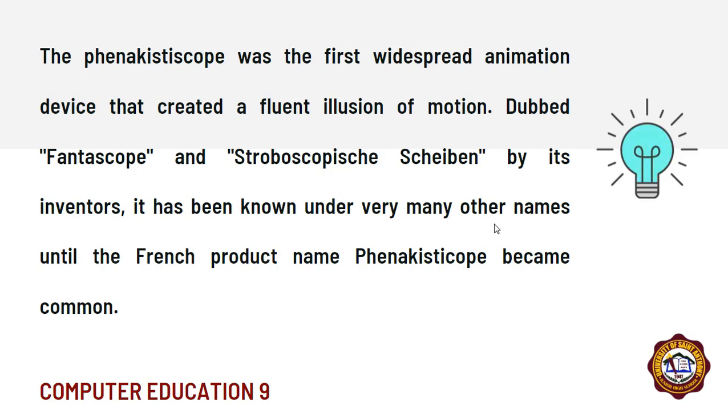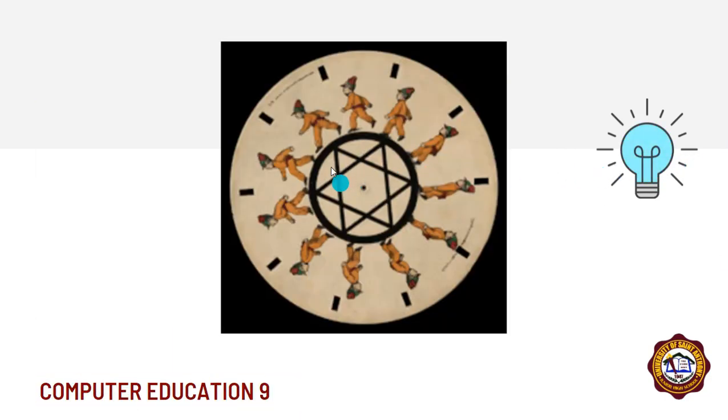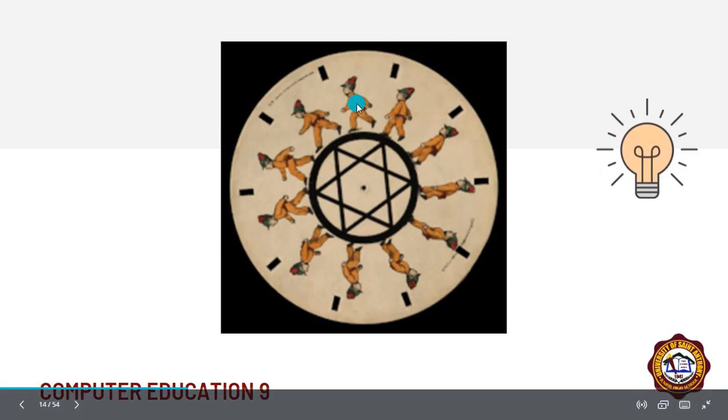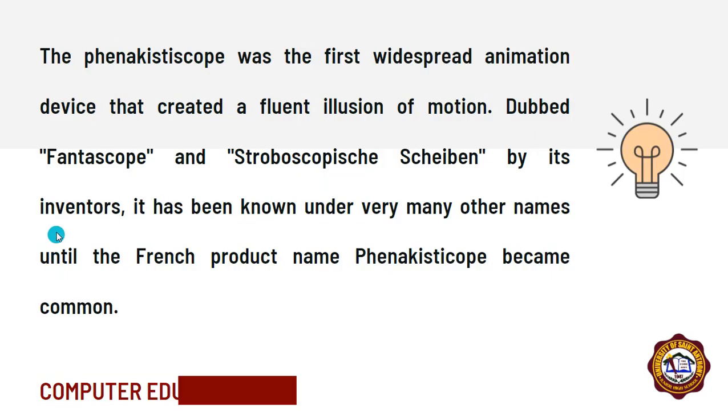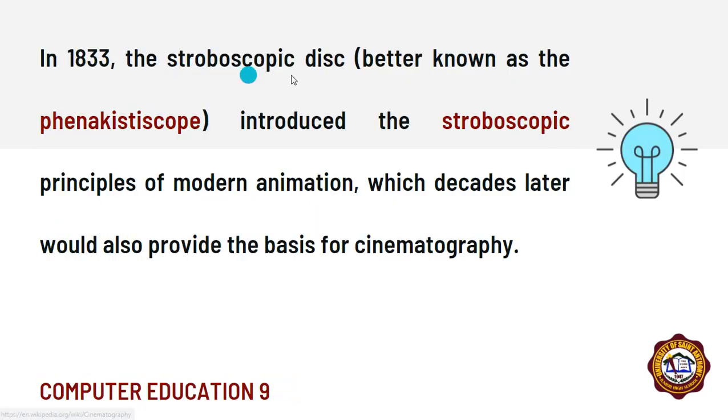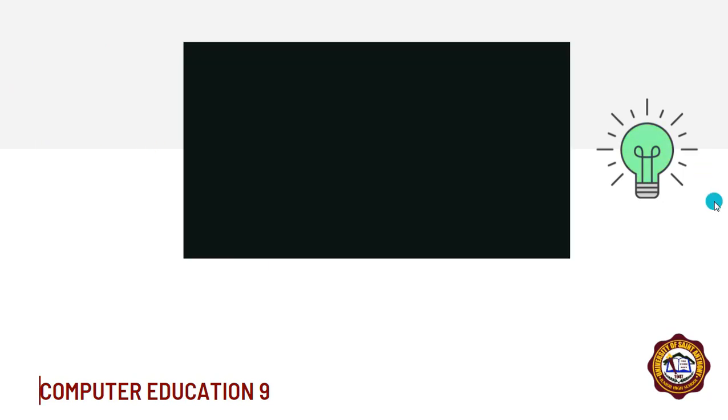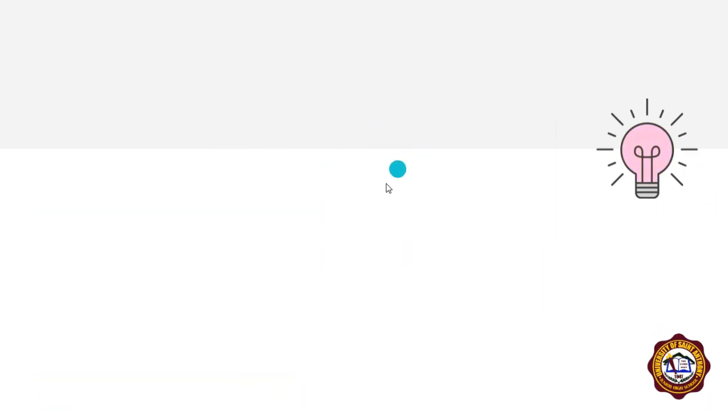So, yun na yung kumbaga ginagamit na term para sa kanya. So, ito yung concept, ito yung disc. So, di ba, stroboscopic disc daw sabi. The stroboscopic disc o kaya mas kilala sa phenakistoscope. So, ito yon. Yan.